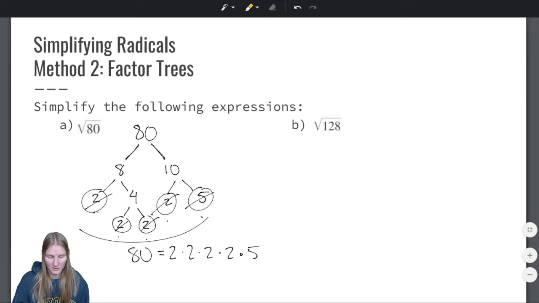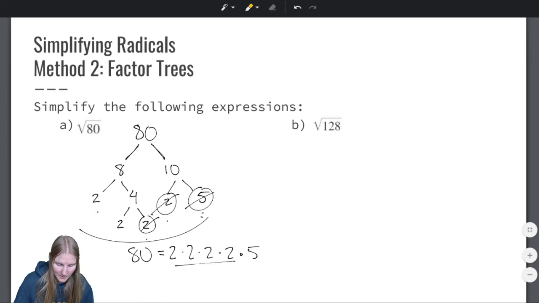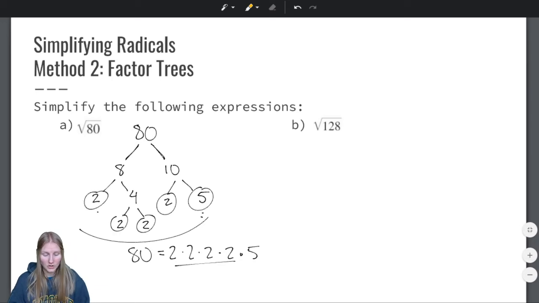Right? I have 1, 2, 3, 4 2's and a 5. I crossed them out so I made sure I didn't repeat them, but now I'll erase that. So, 80 is equal to 2 times 2 times 2 times 2 times 5.